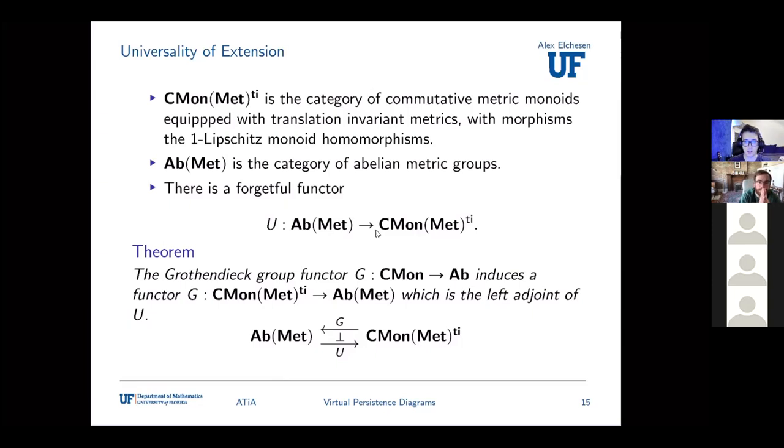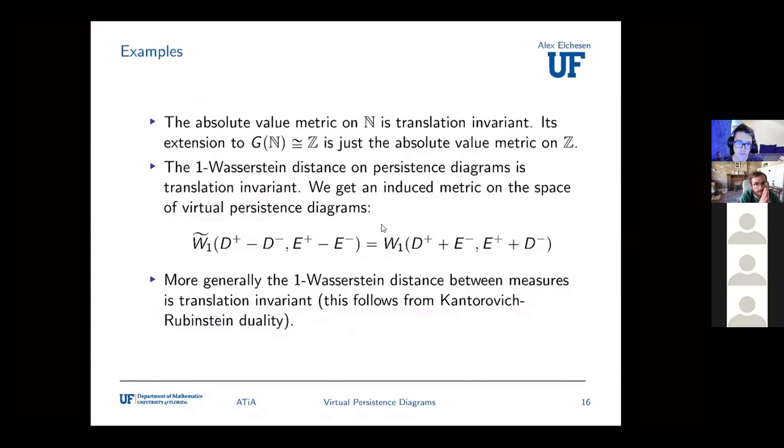Cool. Okay, so let me do some examples. The simplest example, going back to the construction of the integers, is essentially trivial. What's the metric on the integers? It's just the absolute value metric, so the distance between x and y is the absolute value of x minus y. That's translation invariant and extends to a metric on Z, but that metric is also kind of trivial.